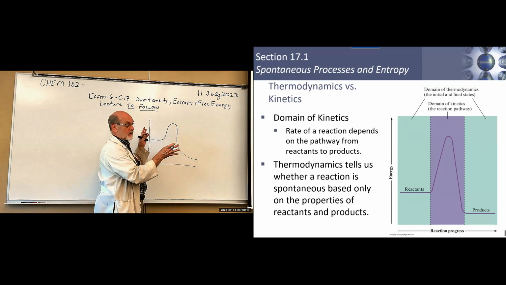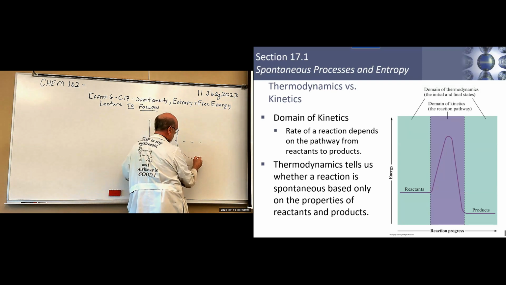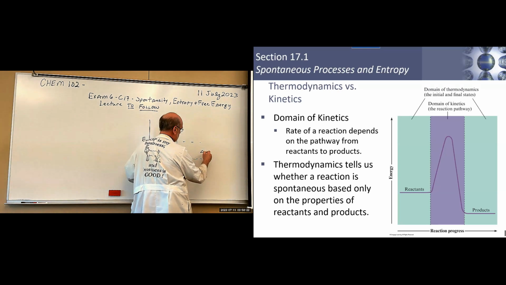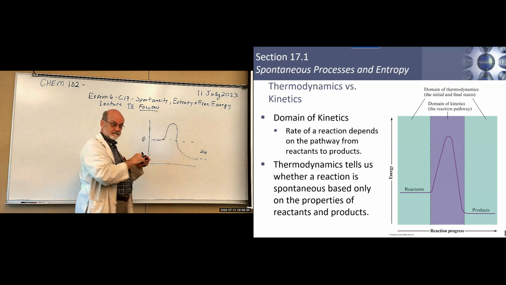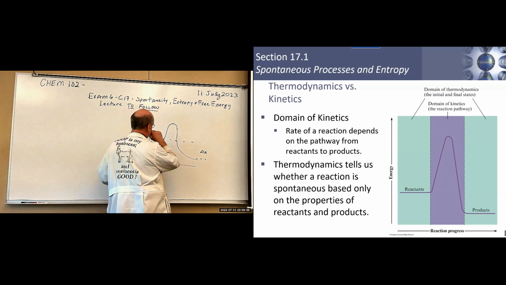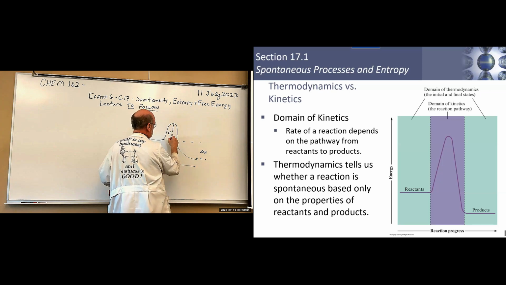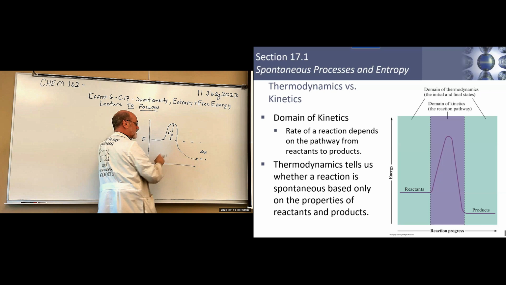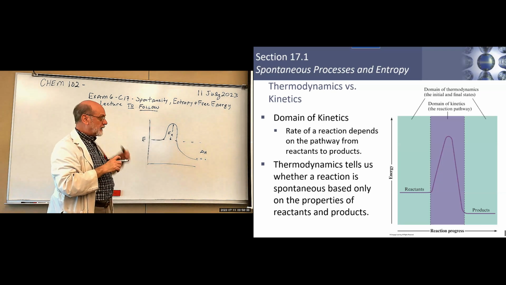So where did the energy go? Well, from here to here is the enthalpy of the reaction, the heat evolved. And we also know that in here, the activation energy is between here and here. So we have to put that much energy in to get the reaction to go.